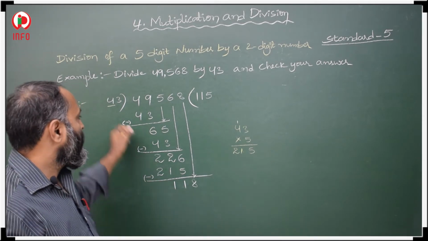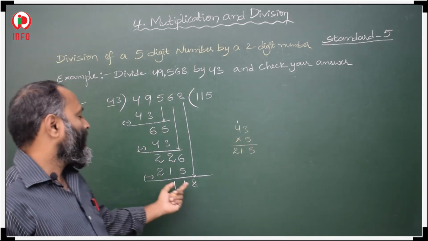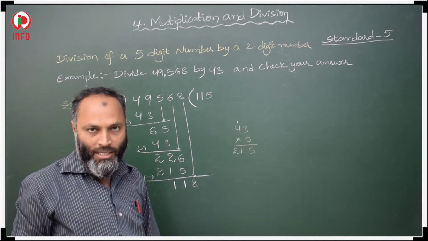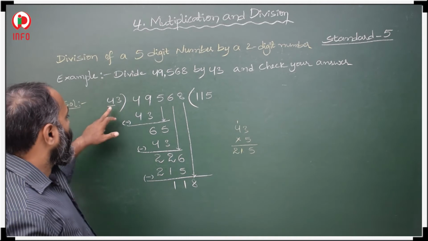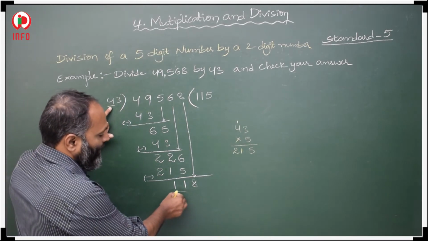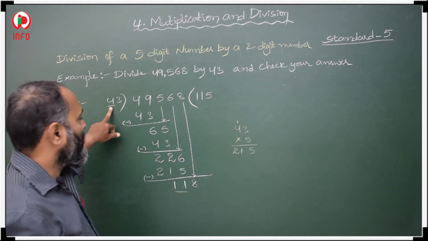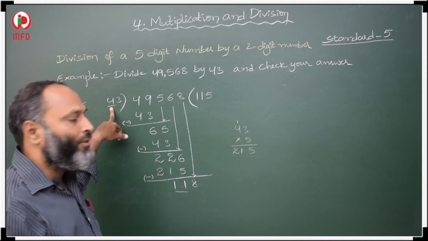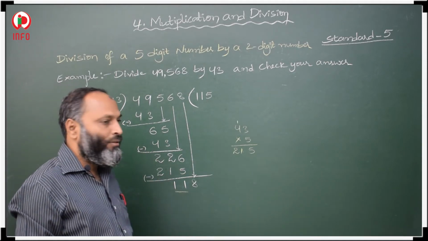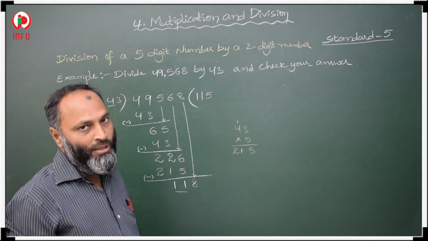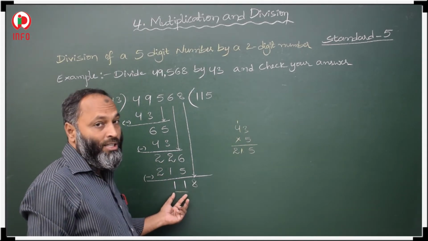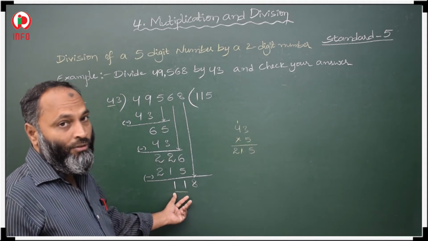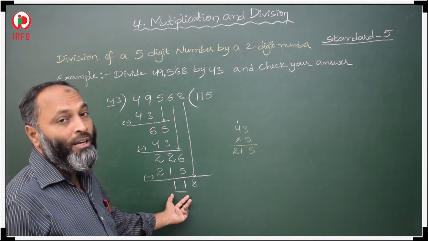Then what is your number? 118. When will we get 118 in the 43 table? Again it's difficult, it is a big table. So how to check? In the 4 table, when will you get 11? If not, check near that value. 4 1s are 4, 4 2s are 8, 4 3s are 12, which is more. 4 2s are 8, it is less, so we take 2.